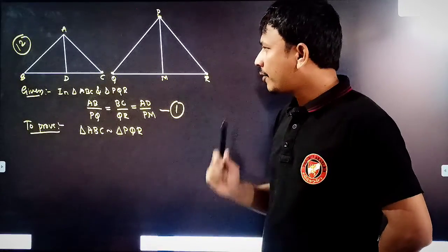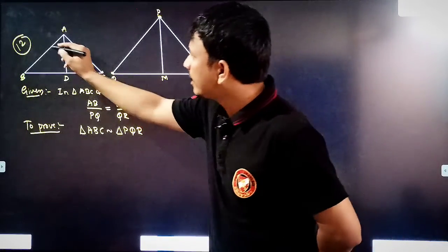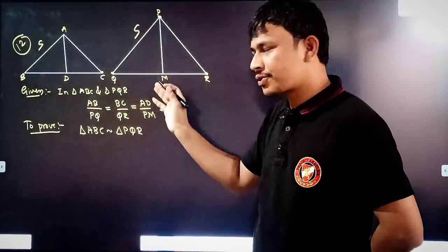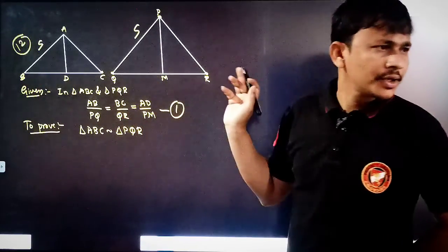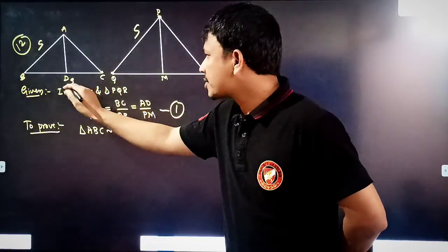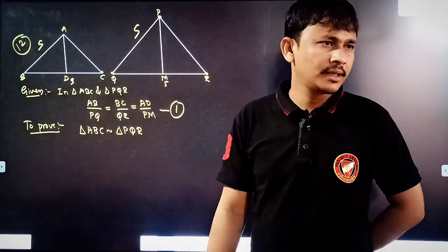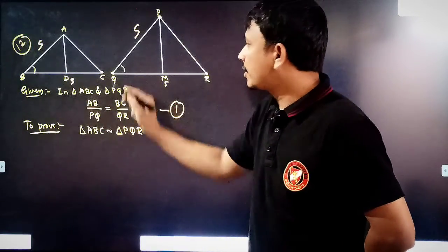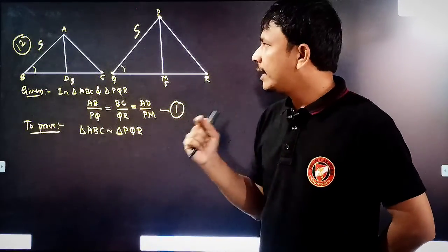To prove that, what we need to have? We have already AB is proportional to PQ, one side is proportional. BC is proportional to QR, second side is proportional. And what we need to prove here? Angle B is equal to angle Q. To prove that, what we need to take?